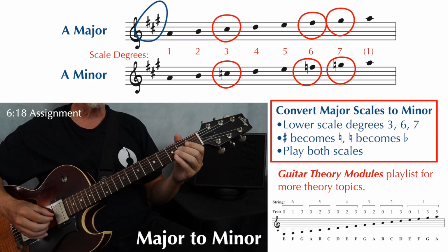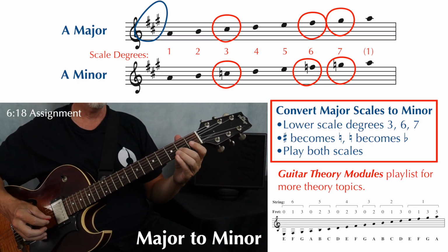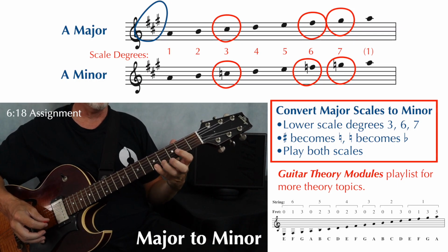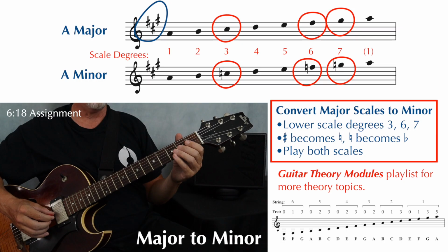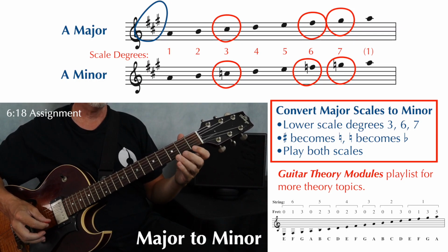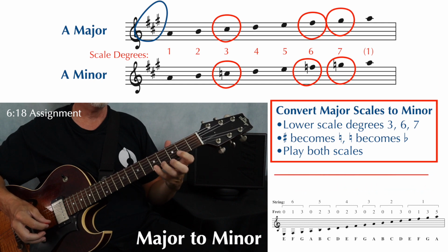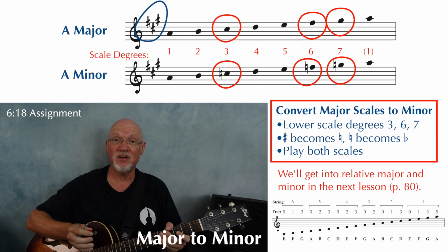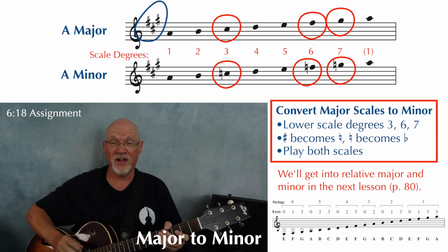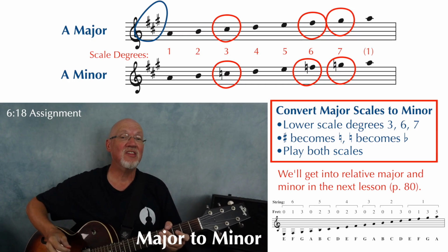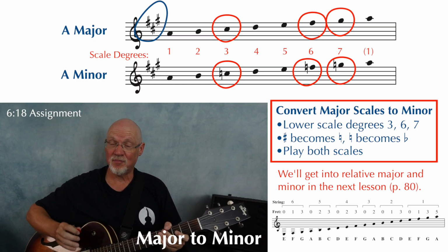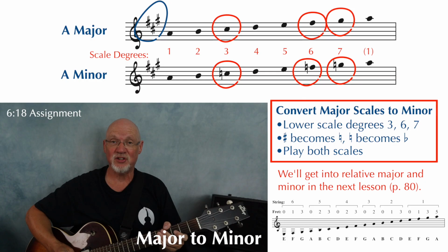Then play the A major scale, with the F sharp, C sharp, and G sharp, and the A minor scale. Notice that when we changed that A major to A minor, there were no sharps or flats, just all natural notes, just like the key of C major. We're going to talk about that concept on the next page, relative major and minor.